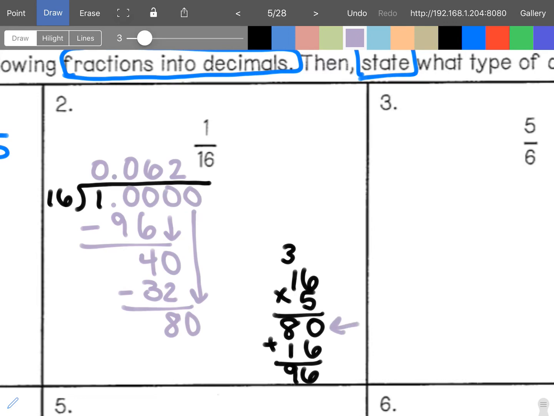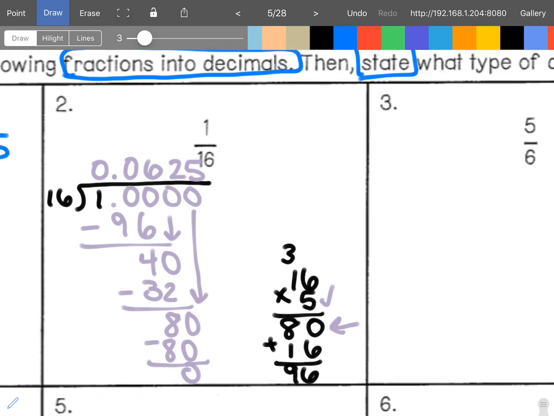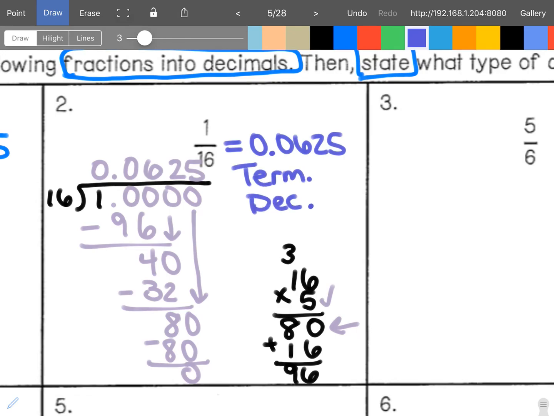So how many times can 16 go into 80? 5 times. So we're going to put our 5 here, and that gives us 80 exactly, doesn't it? With no remainder. All right, so we're going to say 1/16 in decimal form is 0.0625, and because it stops, we're going to call this a terminating decimal.